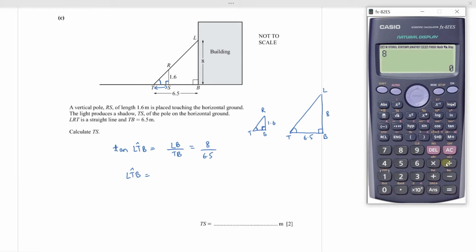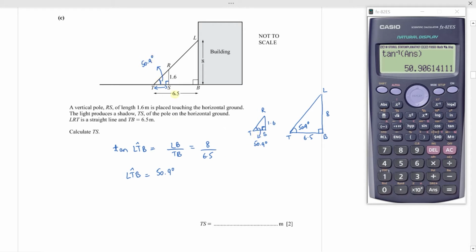So 8 divided by 6.5, and then tan inverse of this. So this is 50.9 degrees up till 1 decimal place. So this angle here is 50.9 degrees, which is the same as this angle, 50.9 degrees.